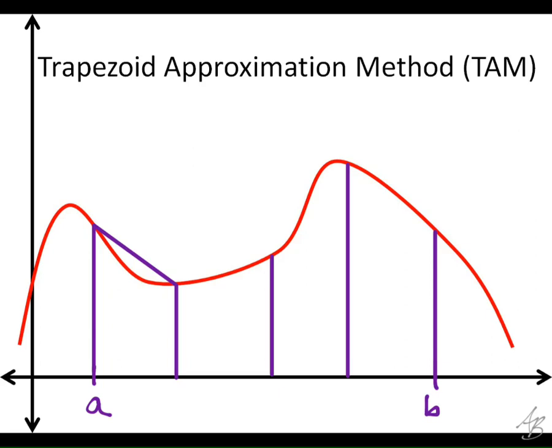So even though they're not exactly right, we can see that it's closer to the function than the rectangles were. So the trapezoids, when we're doing an approximation by hand, can be a lot more useful because we get a closer approximation with less effort.